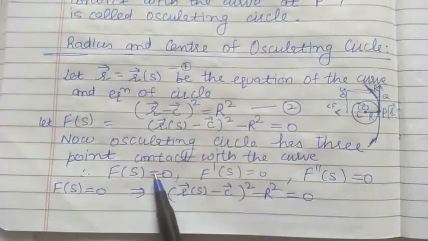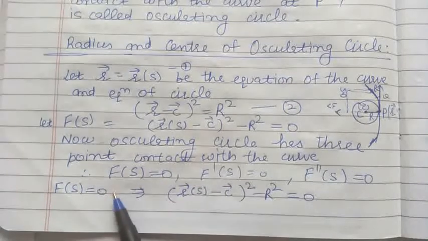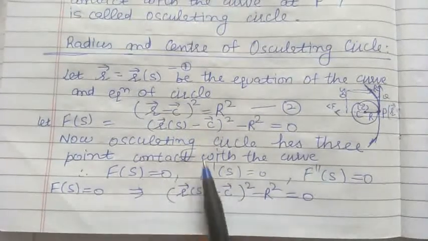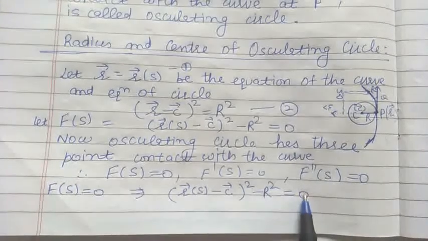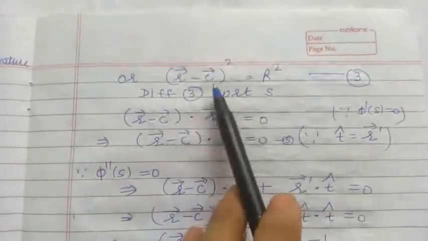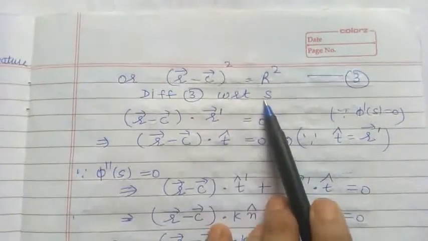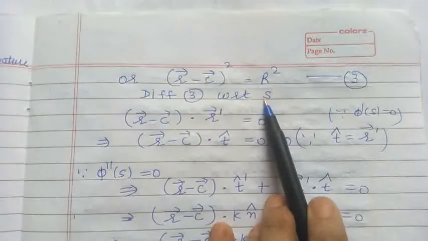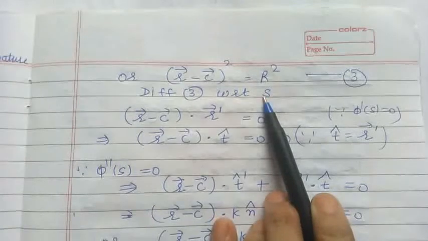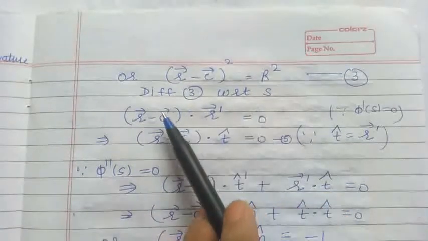So let us apply the first condition: F(s) is equal to 0. So F(s) equal to 0 gives us one of the equations. Now we differentiate this equation again with respect to s to use the another condition. The another condition is F dash (s) is equal to 0.